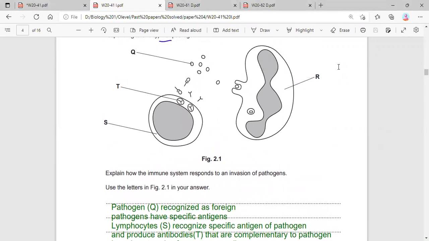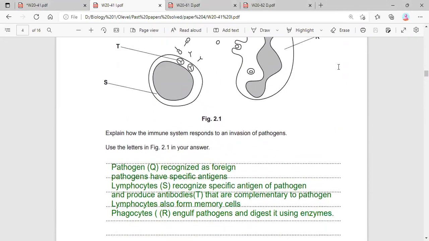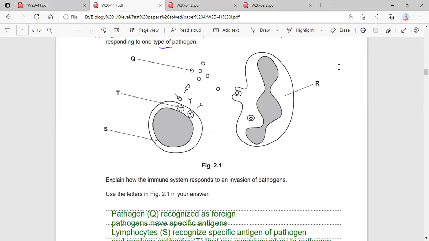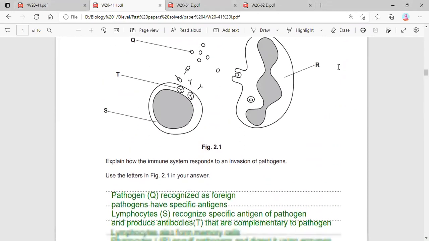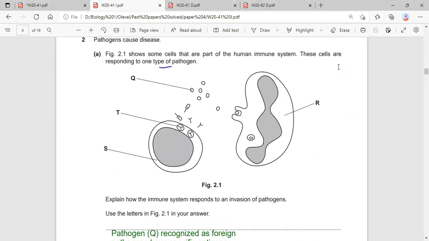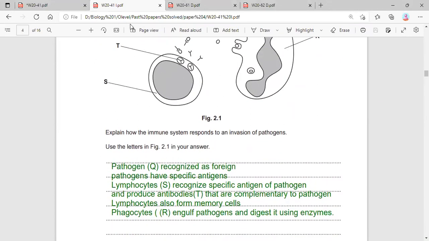The lymphocytes, which are S, they recognize the specific antigen of the pathogen, and they start to produce antibodies. The antibodies, which are T, have a shape that is complementary to the pathogen, okay? And then lymphocytes also form memory cells, which provide long-term immunity.